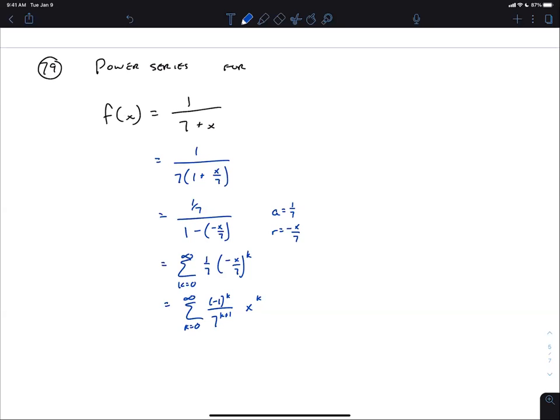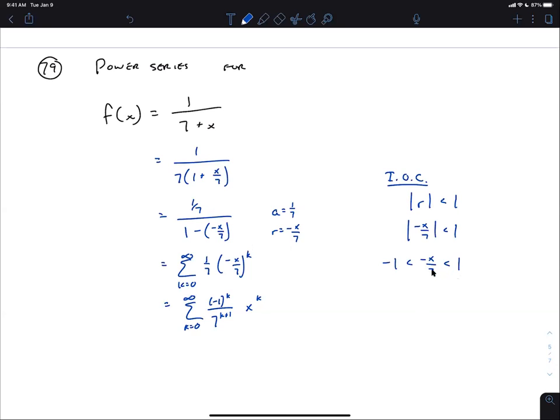And then for the interval of convergence, we don't need the ratio test when we're using a over 1 minus r. You just say, okay, the absolute value of r is less than 1. That means the absolute value of negative x over 7 is less than 1. If the absolute value of something is less than 1, that means it's between negative 1 and 1.